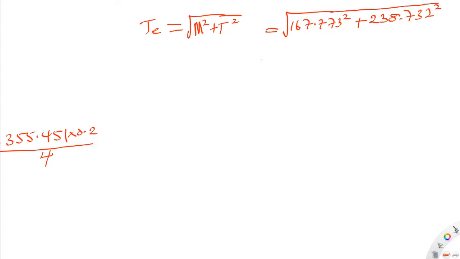Then when you simplify that, you get the equivalent twisting moment to be equal to 291.789 Newton meters.